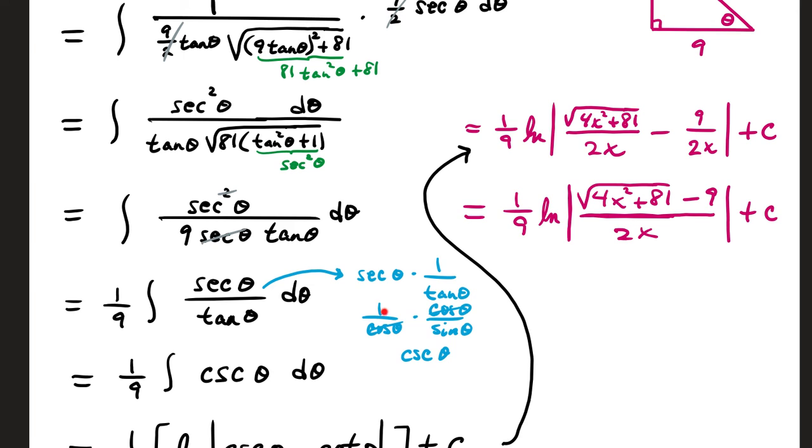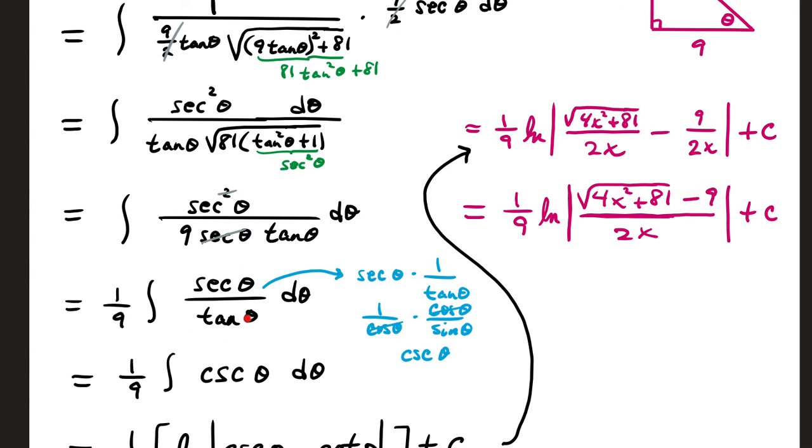Secant theta is 1 over cosine theta. 1 over tangent theta, which is written here in blue, because tangent's in the denominator, I have to write it as secant times 1 over tangent theta. Using a quotient identity, the reciprocal of tangent is cosine over sine. We can cancel the cosine, that leaves 1 over sine, which is cosecant theta.